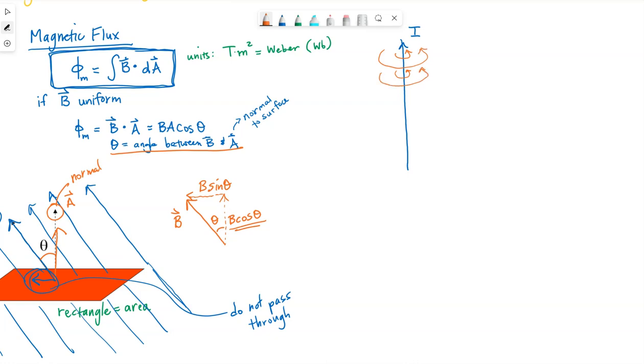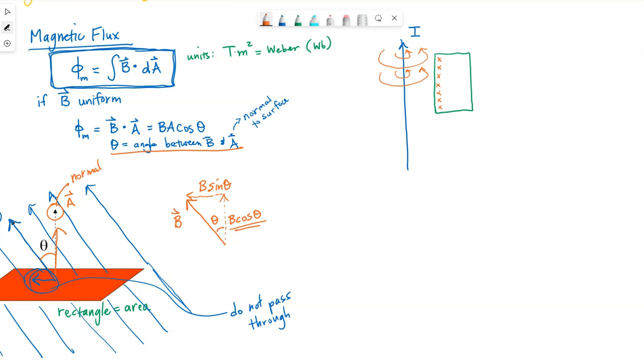So if I was talking about some sort of rectangular surface, just to be on the simple side, over here, I know there would be magnetic field lines pointing in. And that's going to be true throughout the entire area of this rectangle.